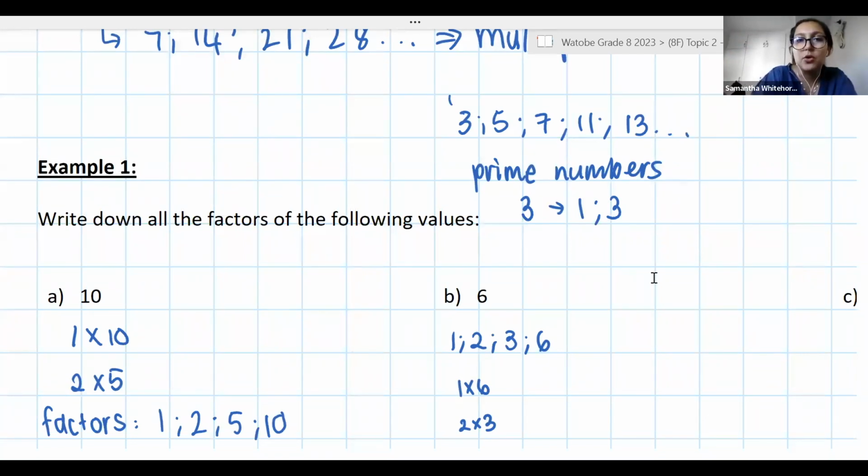All of these only have 1 and themselves as factors. There's no other 2 numbers that we can multiply together to get any of these prime numbers. Because it only has 1 and itself, those are prime numbers.